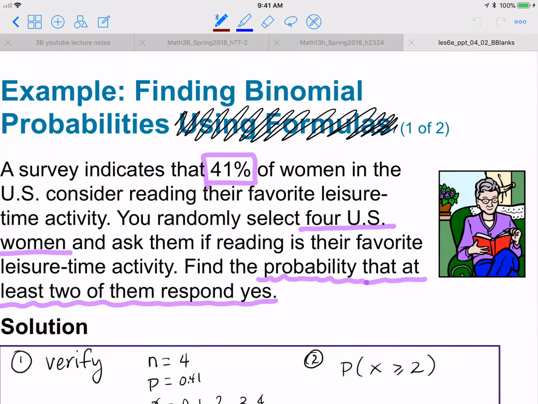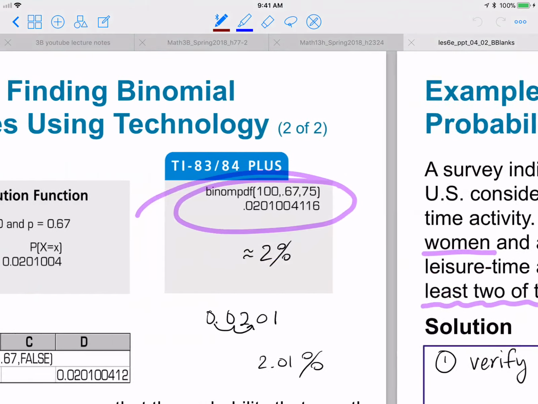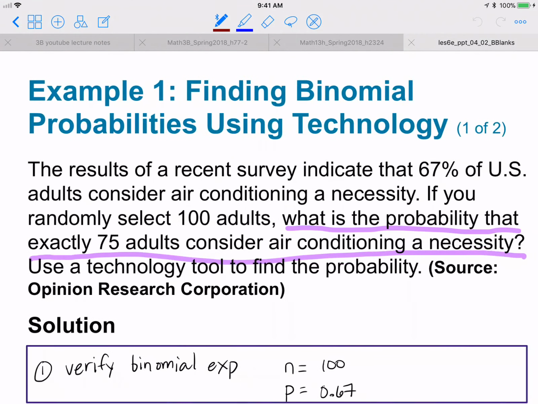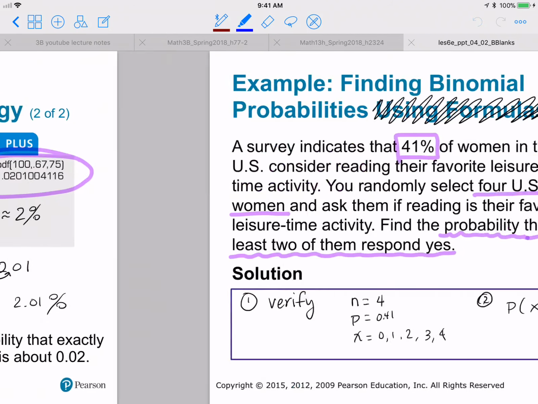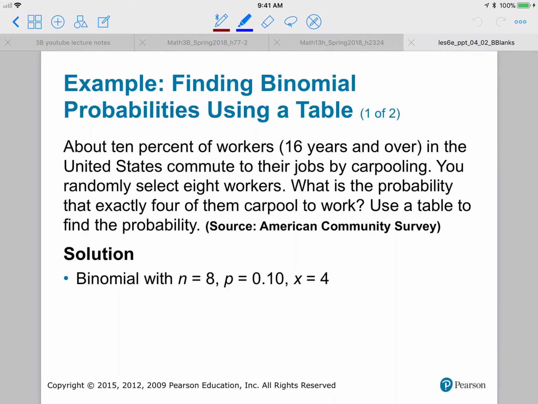PDF is when you want exact numbers, right? So if you look at this, you'll see here they're being explicit, exactly 75, which is different from at least 75 or less than 75. Okay? All right. So let's look at this example.